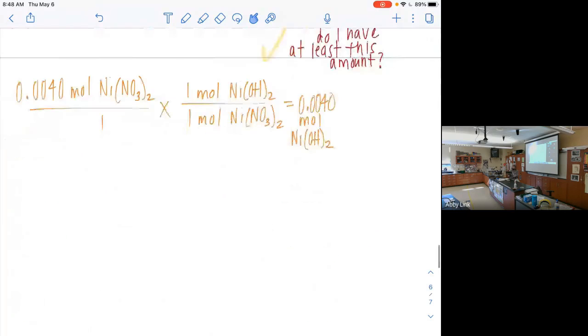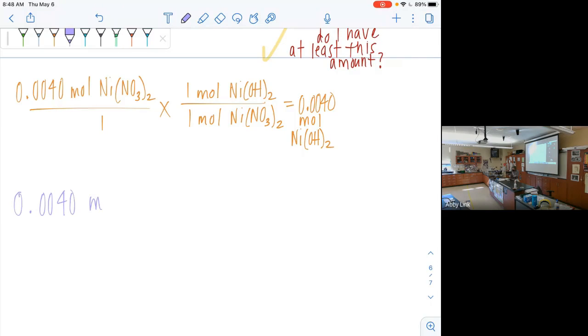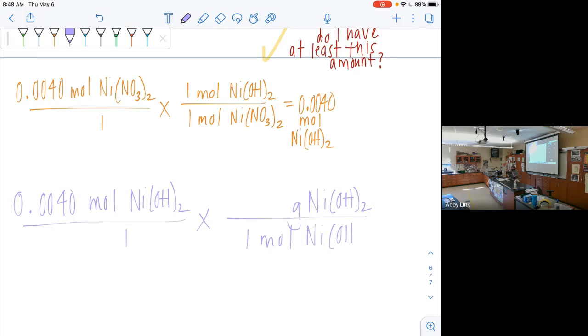So I'm going to need my molar mass to do that. Okay, so I'm going to have my grams of NiOH2 on the top, and moles on the bottom. Do our molar mass.